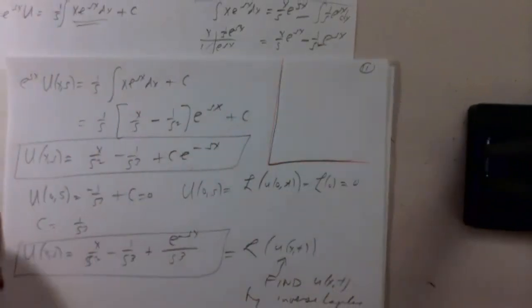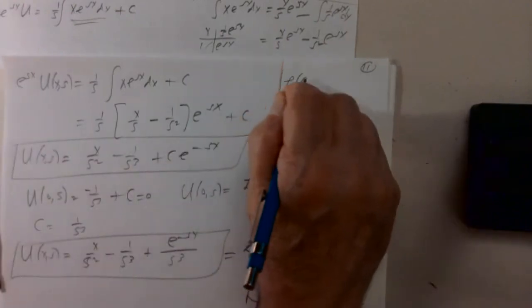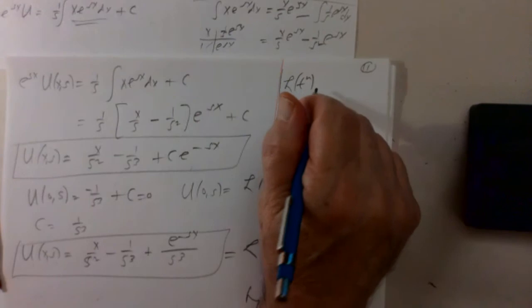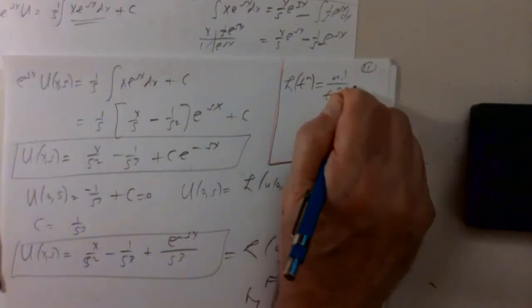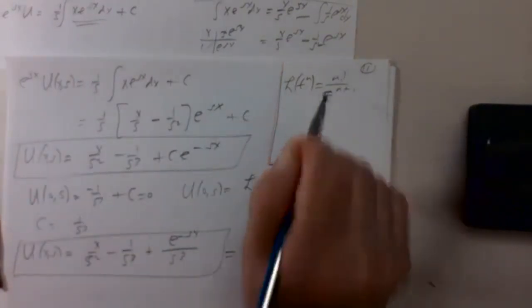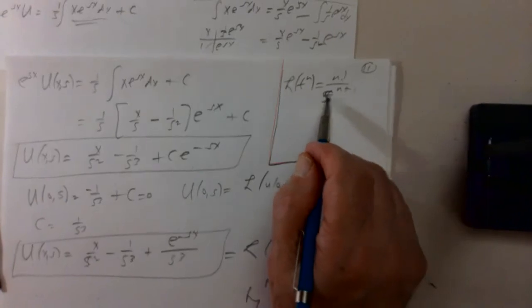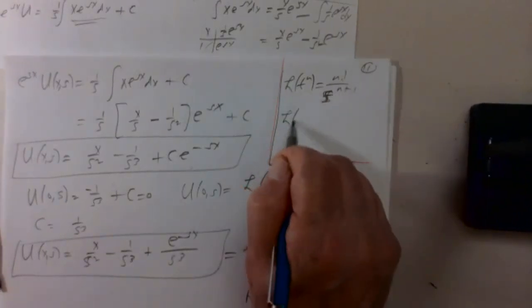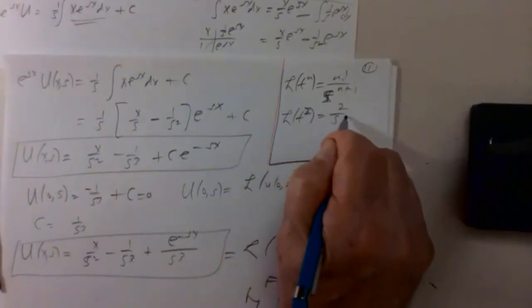The table says that the Laplace transform of t to the n is equal to n factorial over s to the n plus 1. So when you have 1 over s cubed, that's n equal to 2: the Laplace transform of t squared is 2 over s cubed.